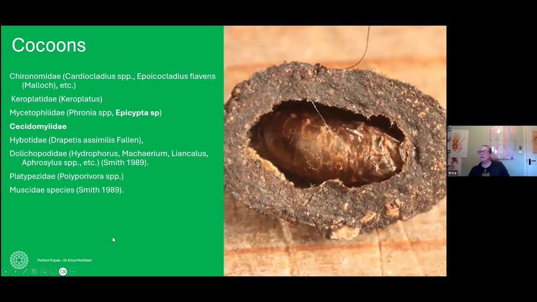So here are the cocoons. This is an image of a fungus gnat within a cocoon, and all of these are cocoon-making species. So it's not just found in the chironomids, the fungus gnats, the cecidomyiids, etc., but you can find it in the higher flies and even in some house flies, the Muscidae.